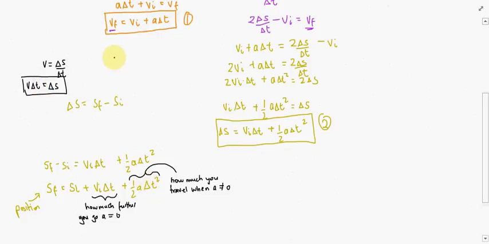We also know that the acceleration is some change in velocity over change in time. So change in velocity is equal to a times delta t. Well, velocity is also a change in position over change in time.